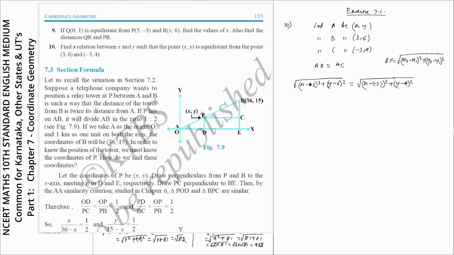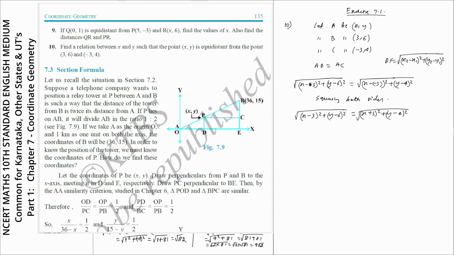So now I will square both the sides. If I square, I will get rid of the square root symbol. First let me write the equation as it is: (x minus 3) the whole square plus (y minus 6) the whole square is equal to, here x minus of minus 3 is plus 3, so (x plus 3) the whole square plus (y minus 4) the whole square.